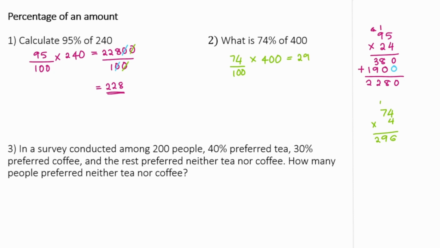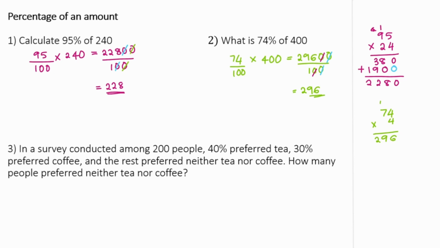So that makes it 29,600. We've added the extra 2 zeros at the end of the answer, and the denominator will be 100. We can simplify this by cancelling zeros in the numerator and denominator, and this gives us a final answer of 296.